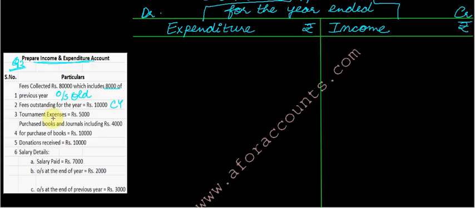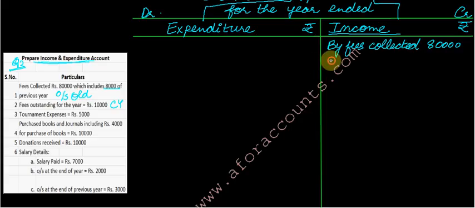So let's do the entry for fees. Fees collected is my income. So I will write here by fees collected. How much? Total 80,000. So what I do now is my formula: add outstanding less prepaid.